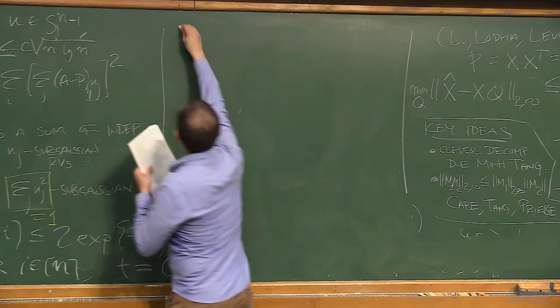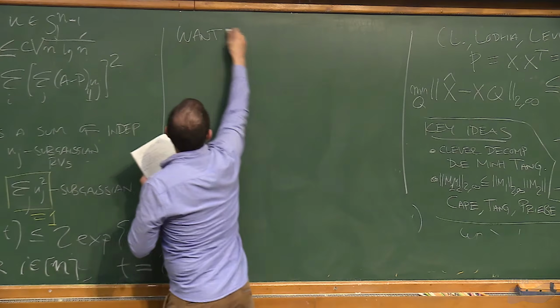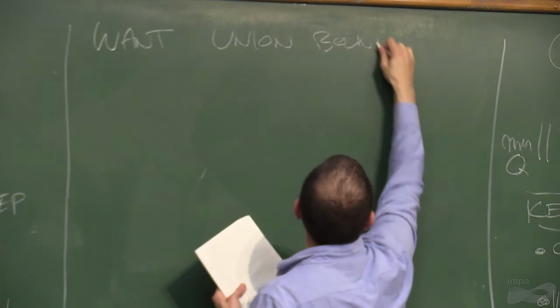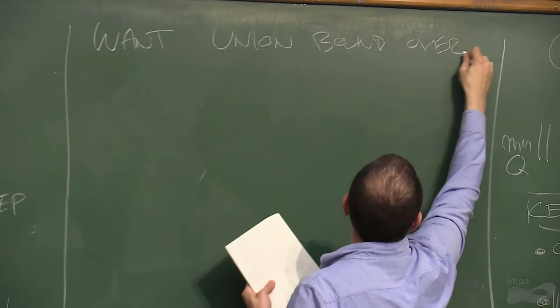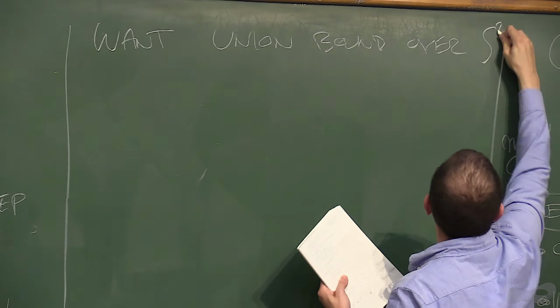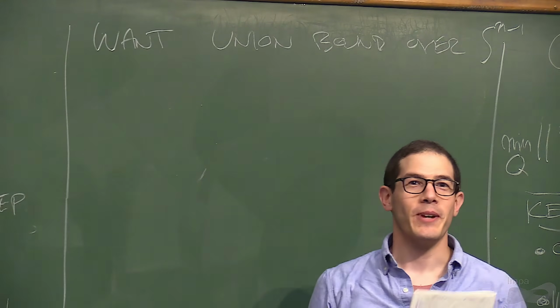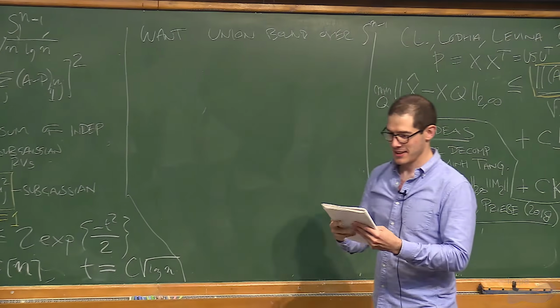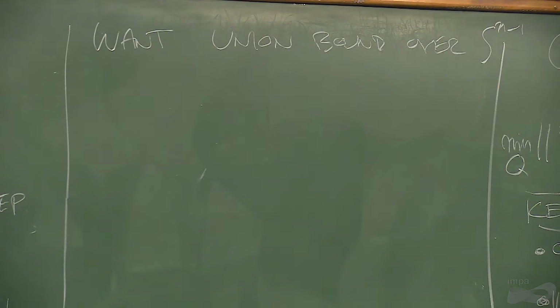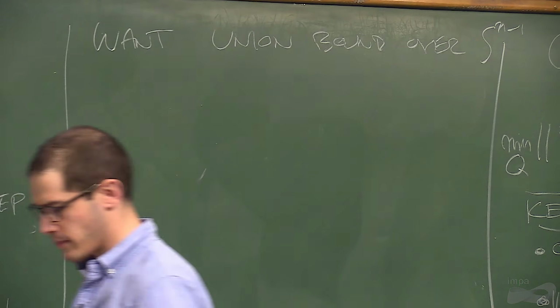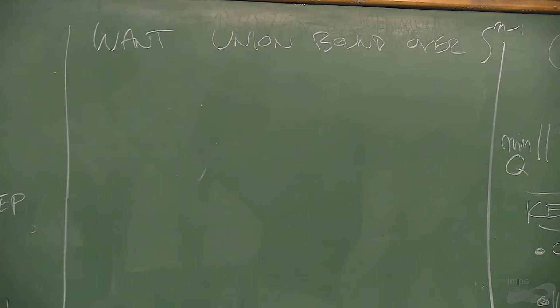So we want a union bound over the unit sphere. But you can't always get what you want. It's the philosopher Mick Jagger. So instead, we're going to look at a subset of S^{n-1}.